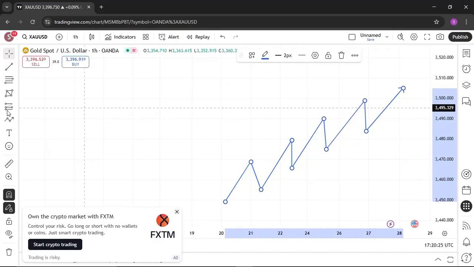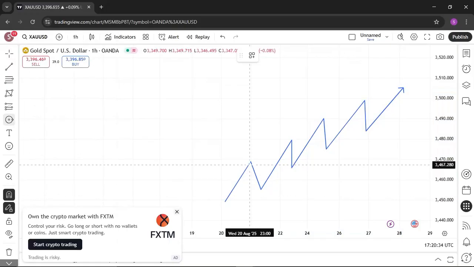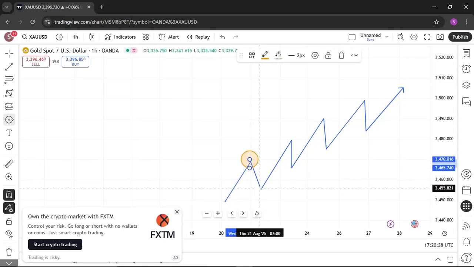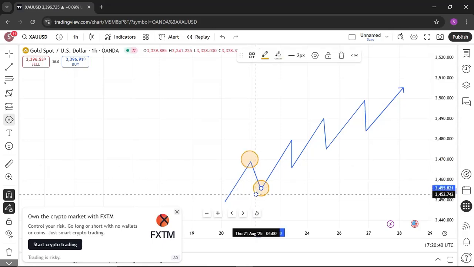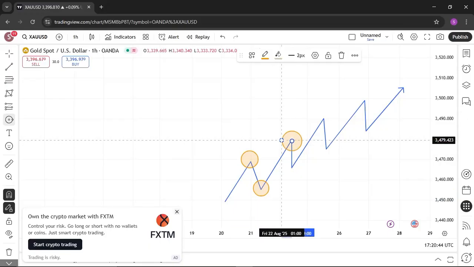Now market is also creating what we call higher high, higher low. So let me circle all these points.